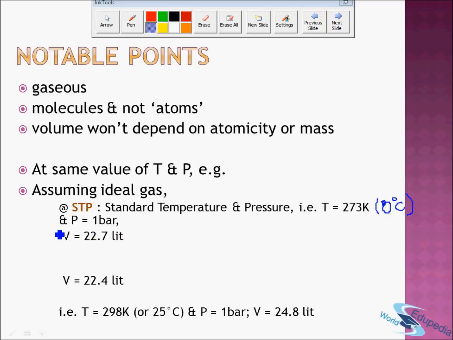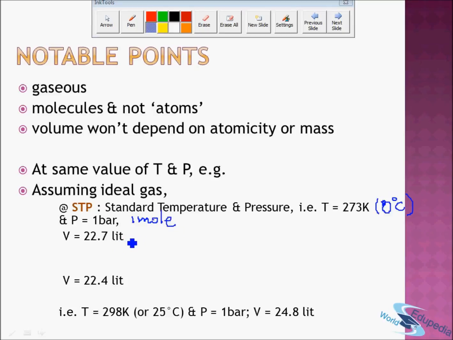In the questions you will just be given STP. From there you have to deduce that if STP conditions are given, that means pressure is 1 bar and temperature is 273 Kelvin. So at STP, 1 mole of any gas always occupies 22.7 liter of volume.